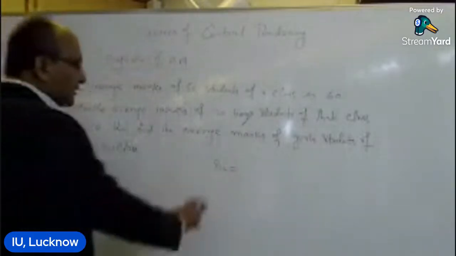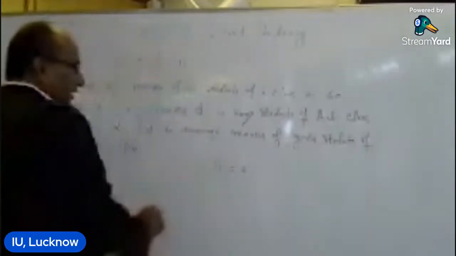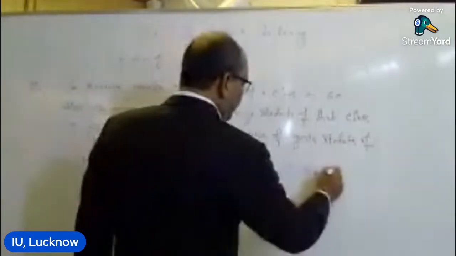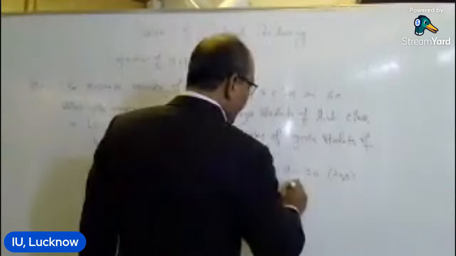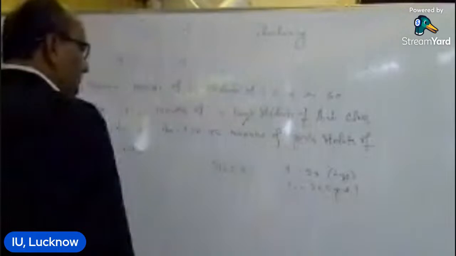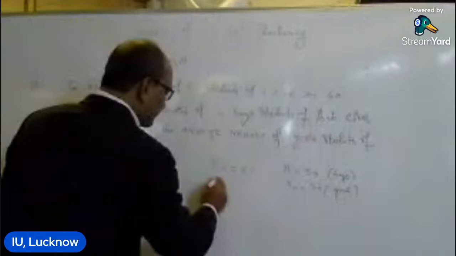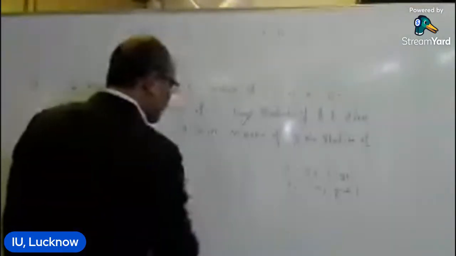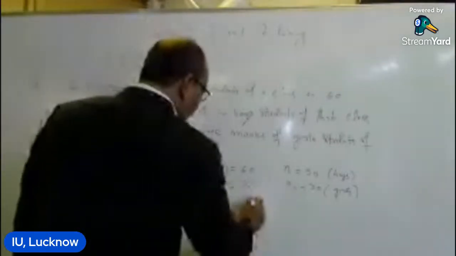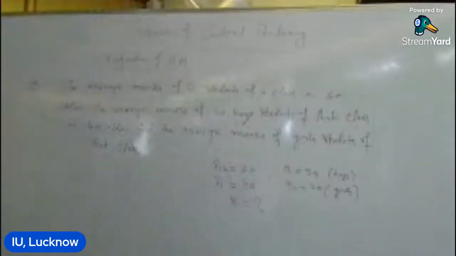The mean of both the students is 60, and we have n1, number of boys, 30, and n2, 20, the girls students. The average marks of the boys students, this is x1 bar, is given as 40. So these are the information we have. Now we have to find x2 bar.